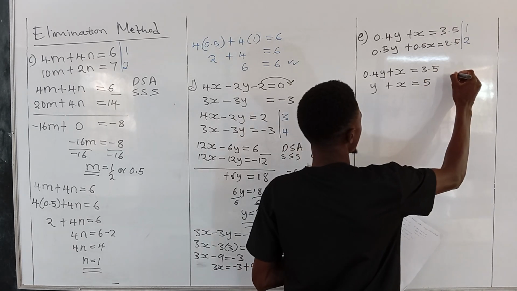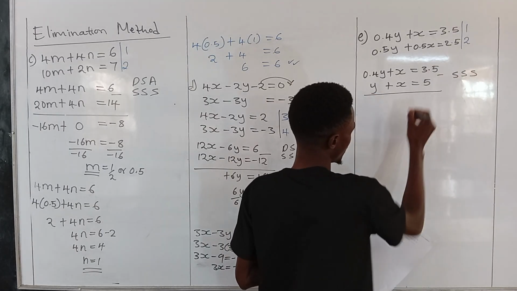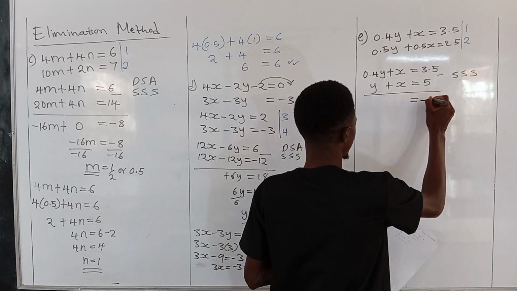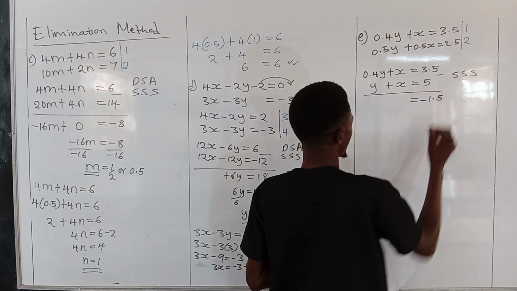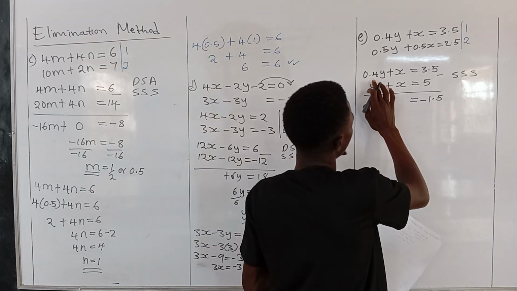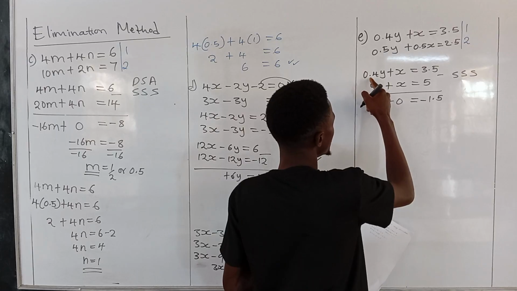So what do we do? Same signs we subtract. So we have 3.5 minus 5 is going to be negative 1.5. Then we have x minus x is going to give us 0.